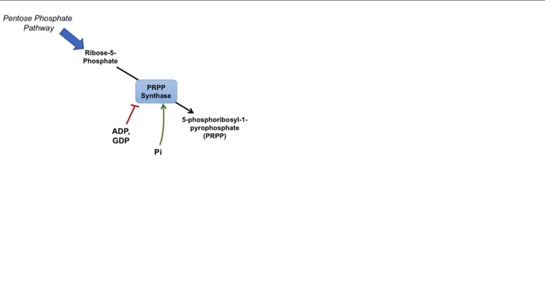Now, this is where it gets a little different. As we learned in pyrimidine synthesis, PRPP gets utilized directly, but with purine synthesis, it needs to be processed further.